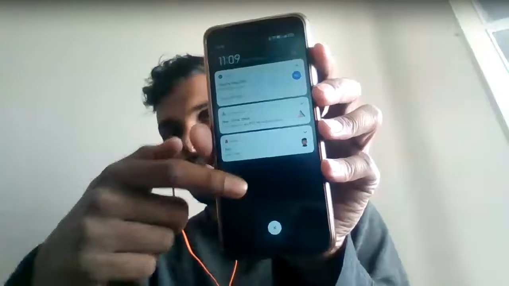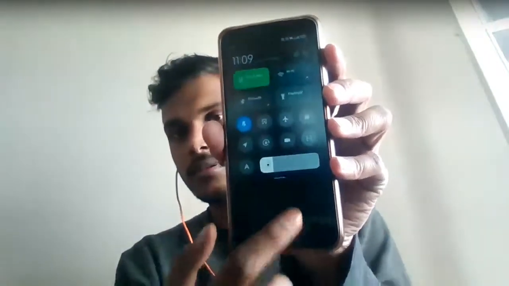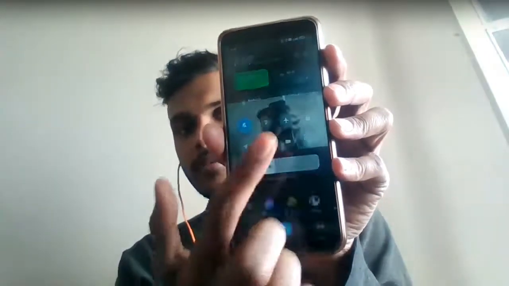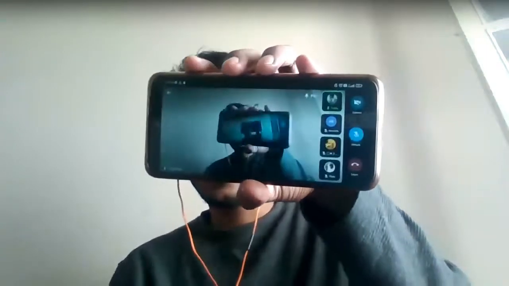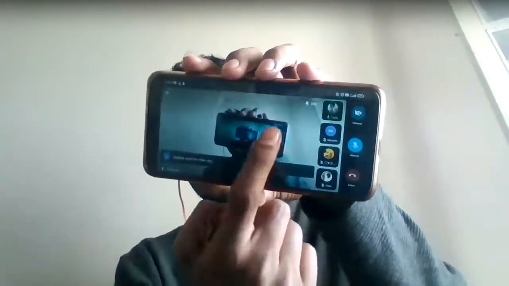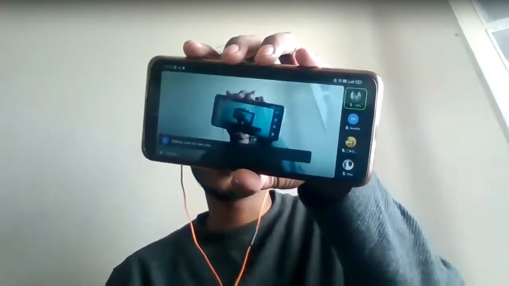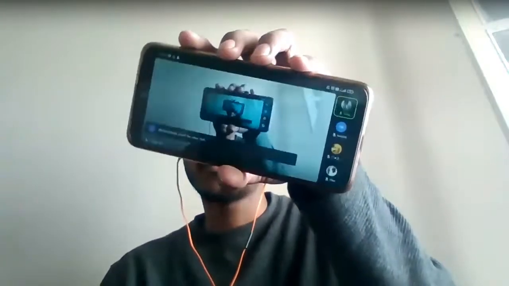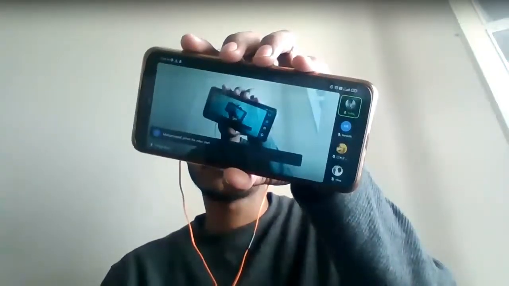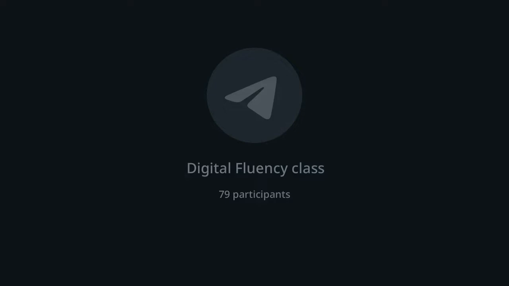Then open your phone settings, turn on auto rotate. After that, flip your phone, it will become landscape mode. Tap on the screen, it will be full screen, and you can watch it better. I hope everybody understood what I was trying to say there. Yes, sir. Yes, bro.